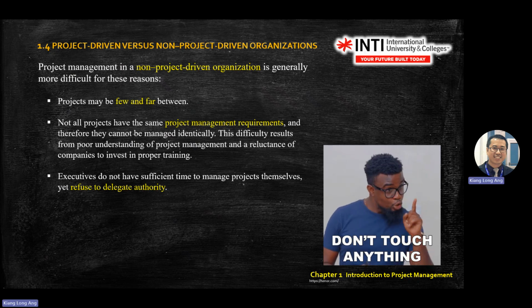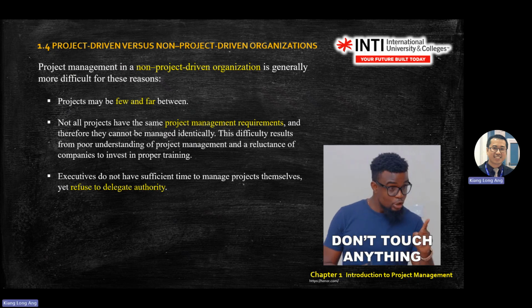Okay, this machine you can use also, maybe you have a logbook to book the machine. But when it's non-project-driven, they give authority to that specific department. You cannot cross the department. Every time you want to use resources, you have to get permission.